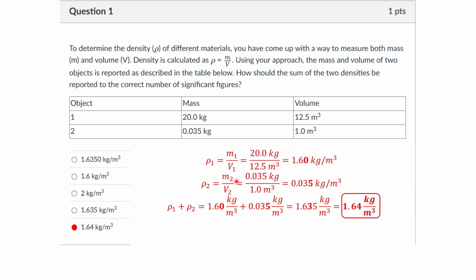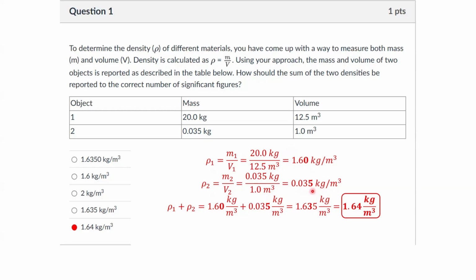In this case, each number contains 2 significant figures, so my results should be reported to 2 significant figures. This is a relatively easy operation as I'm dividing by 1, so I will get a result of 0.035 kilogram per meters cubed with the 5 holding this significant figure digit place.